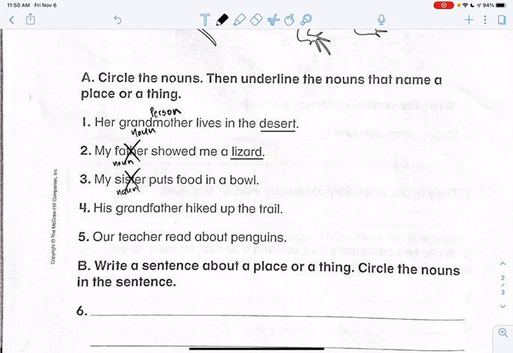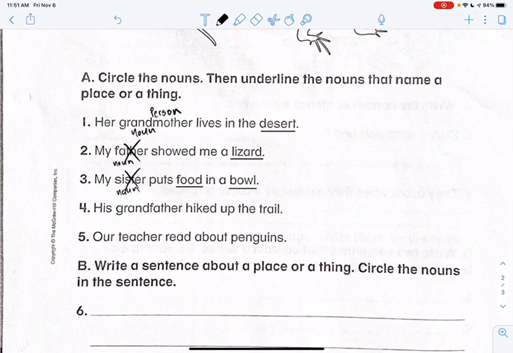Well, a thing can be anything that you can touch. So, food. We can eat food. Food is a noun. But there's one more noun in here. What do you think it is? It's bowl. Because a bowl is something you can eat out of, so it is a thing.